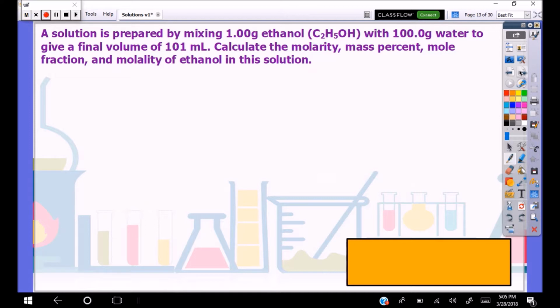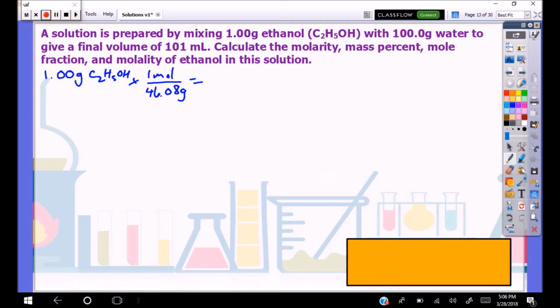So let's do it. We know that in order to find molarity, I will need my moles. So I've got 1 gram of ethanol, and should convert that to moles. Again, I've pre-calculated a lot of these things to save time. 46.08 grams is the amount of grams per mole.